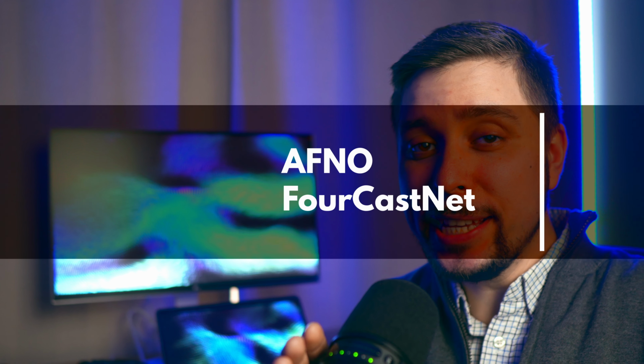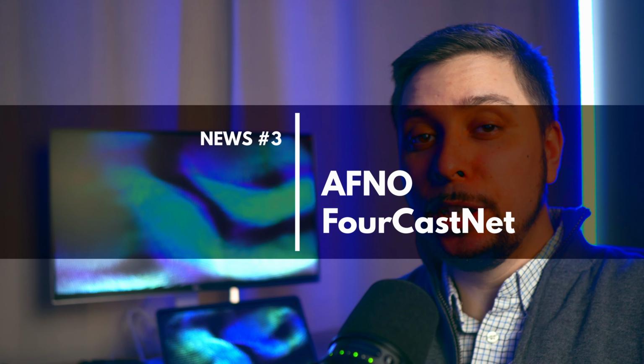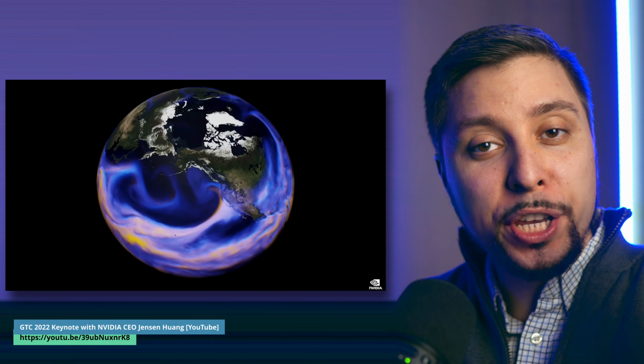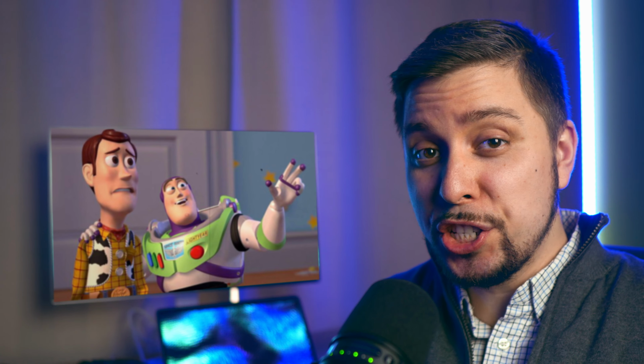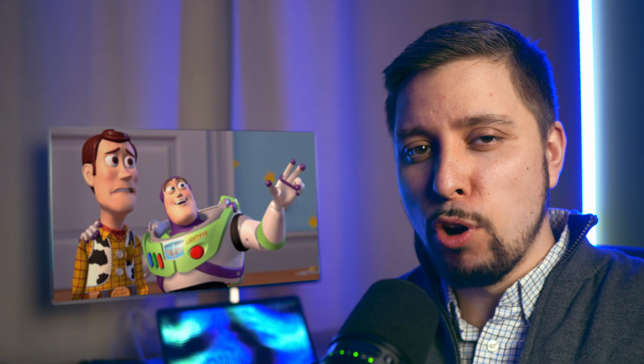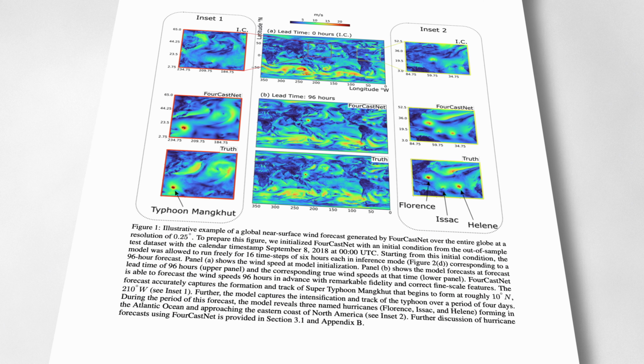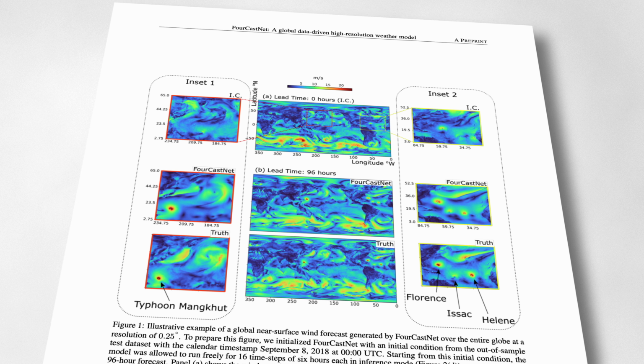And the next one is AFNO, a global data-driven high-resolution weather model using adaptive Fourier neural operators. The authors used a neural network instead of classical numerical methods to accelerate high-resolution Earth-scale modeling. In the area of numerical simulation, transition from a toy example to a large-scale application is a common problem, and this is the problem that the scientists hope to solve by replacing traditional numerical approaches for modeling the atmosphere with an artificial neural network.